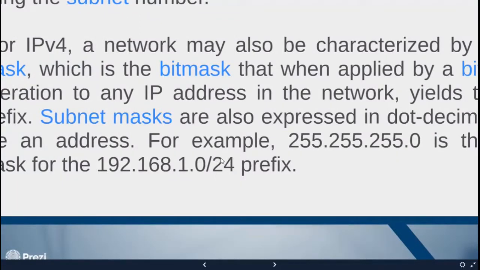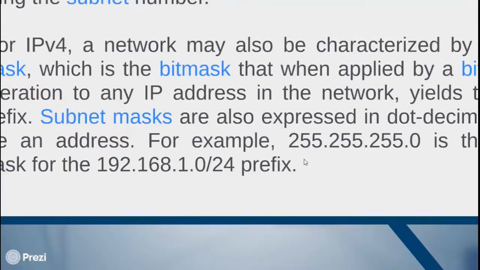The slash 24 means actually that it's 255.255.255.0. Why? Because if you convert this to binary, okay, 255 is going to be a series of how many? 8 ones. 1 1 1 1 1 1 1 1, 8 of that also, and then 1 1 1 1.